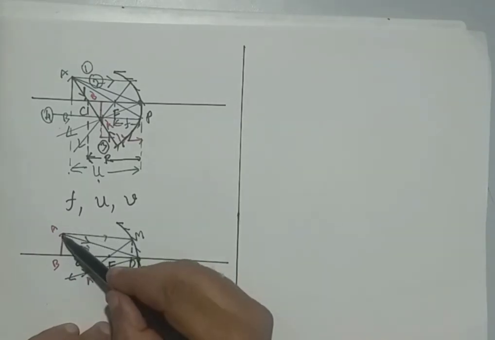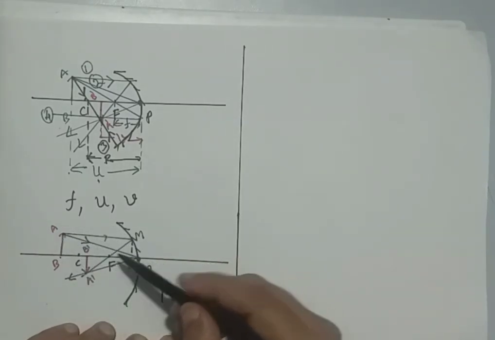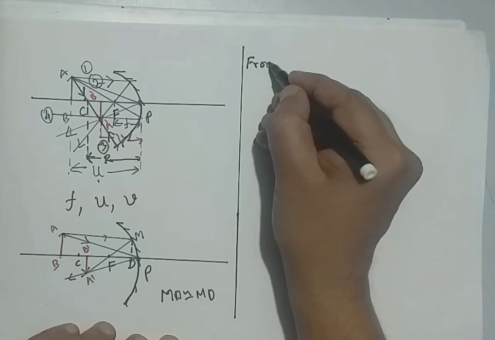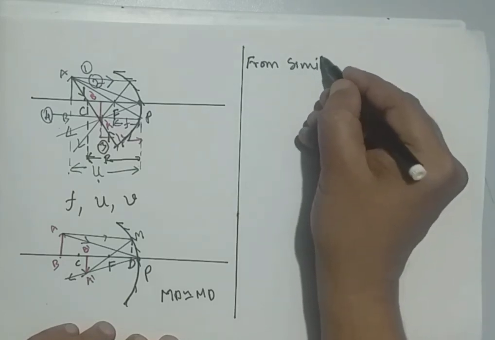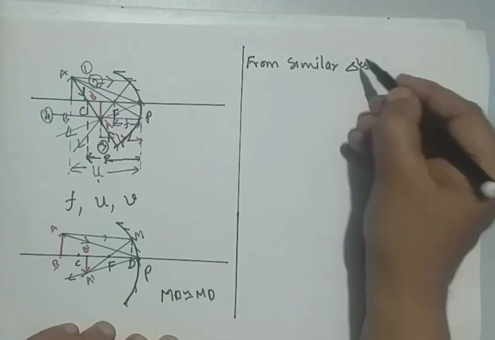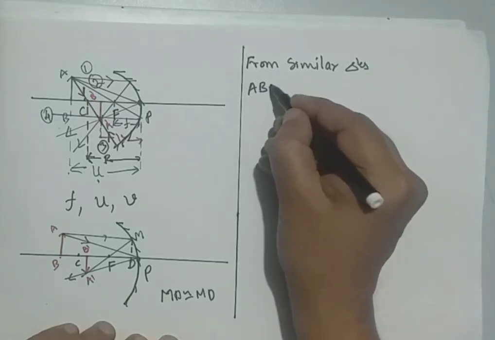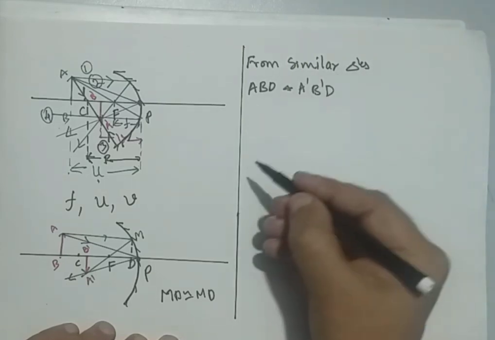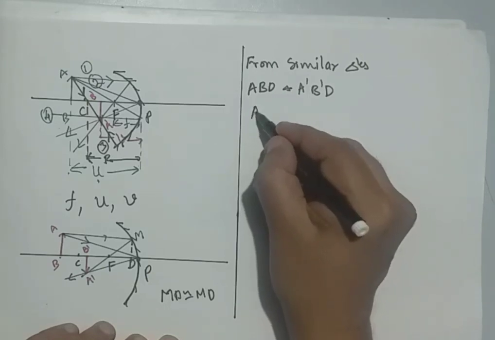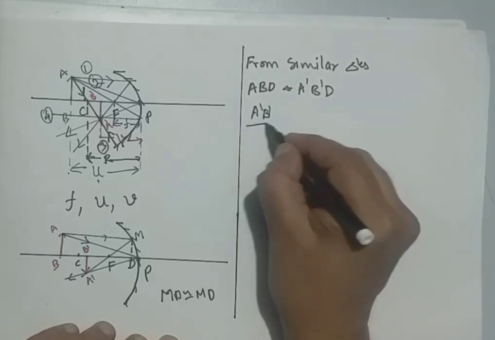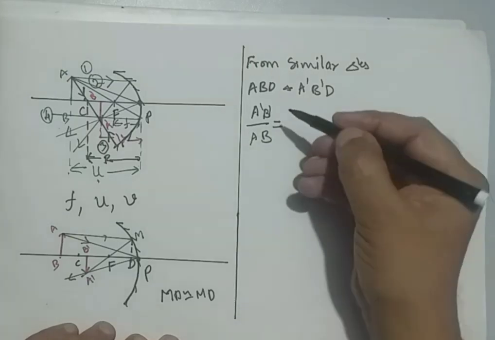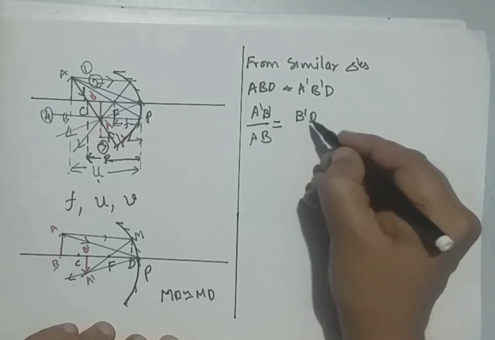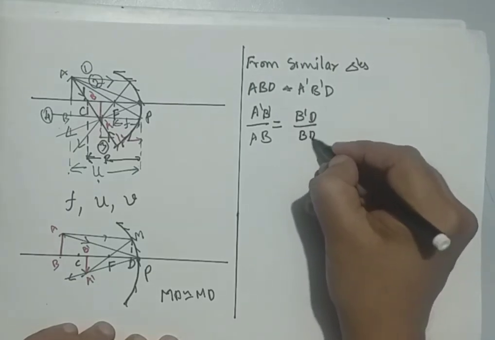First set of similar triangles, ABD and A dash B dash D. I write respective ratios there, sides ratio, A dash B dash by AB, which is equal to B dash D by BD.